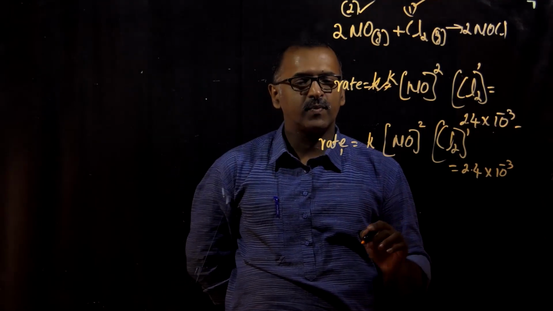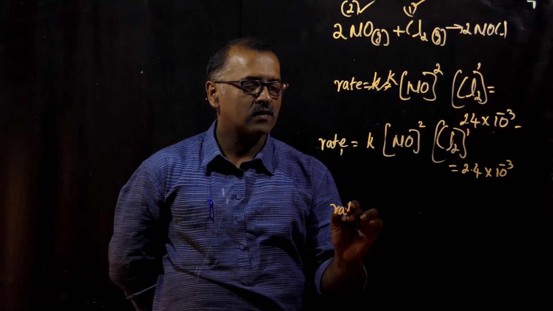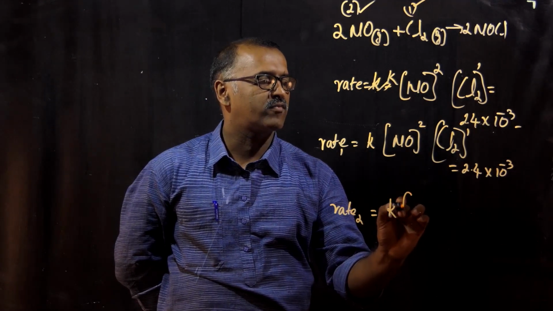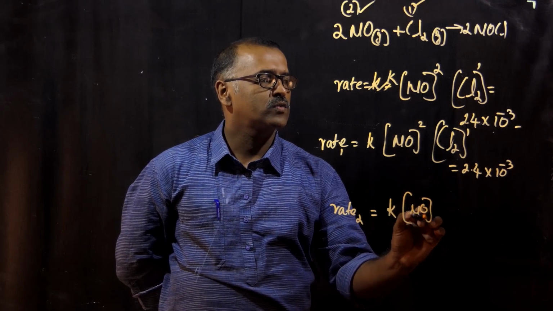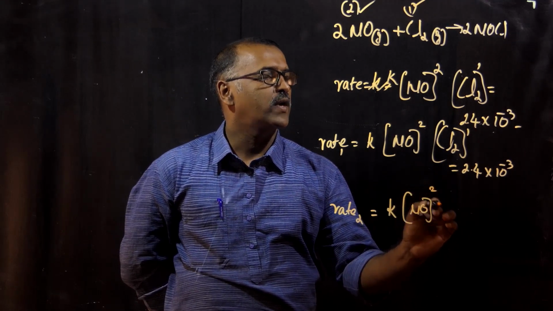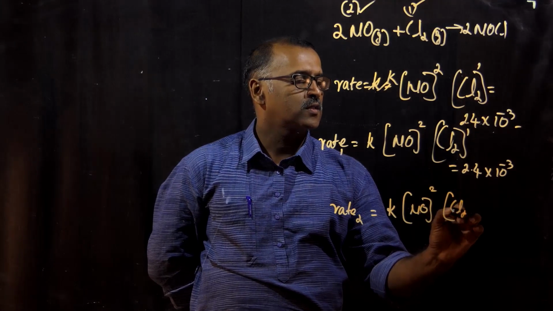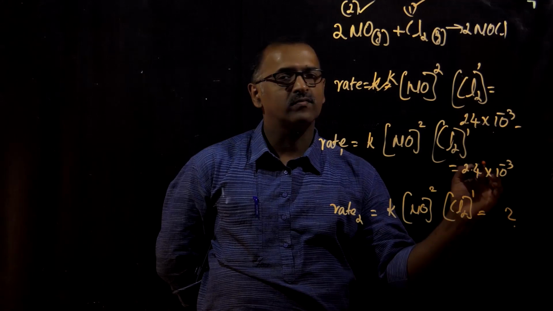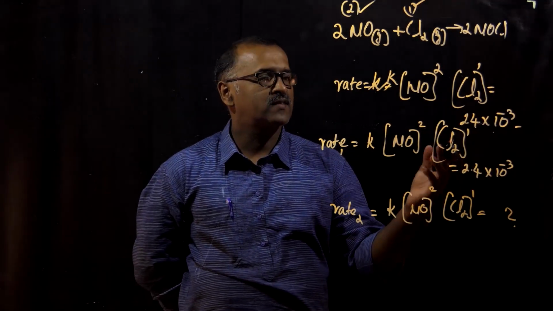And in the second experiment, rate 2 is equal to k, the same rate constant, times [NO] to the power of 2 again and the chlorine concentration to the power of 1, and what will be the rate of this particular equation.